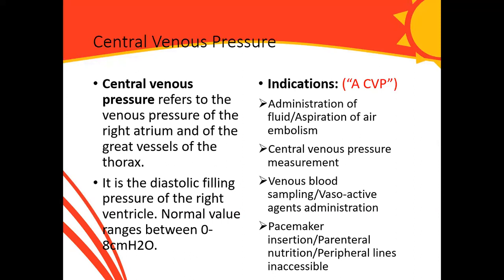It is also indicated for vasoactive agent administration, as you remember from what Tonata was presenting when she was asked about adrenaline, the route of administration and all that. And for regular venous blood sampling, I actually say that every patient staying more than 24 hours in the ICU should have a CVP.